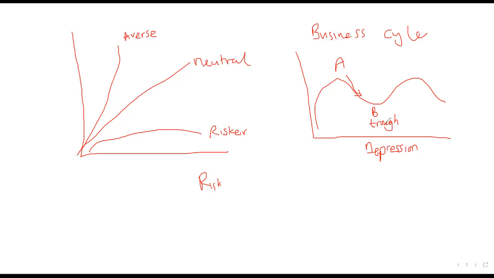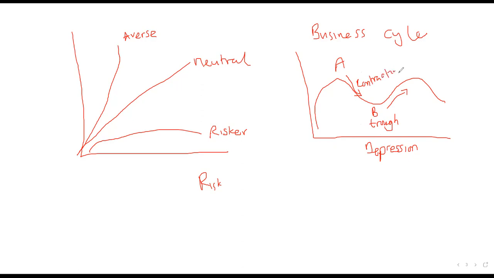Afterwards, with some resuscitation, the firm now begins to what? To expand. So the downward movement is called the recession or the contractionary phase. The economy is contracting.